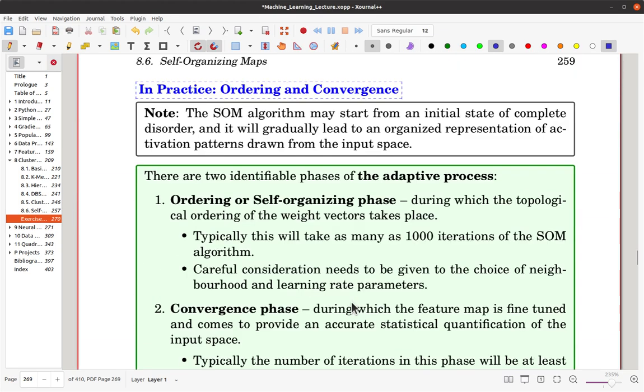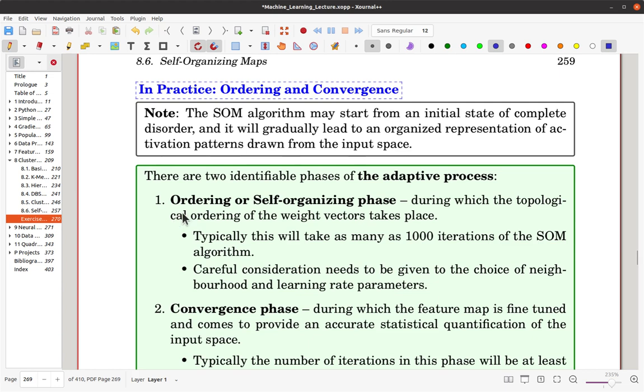Here, in practice, are the convergence and ordering issues. The SOM algorithm may start from an initial state of complete disorder, and it will gradually lead to an organized representation of activation patterns from the input space.